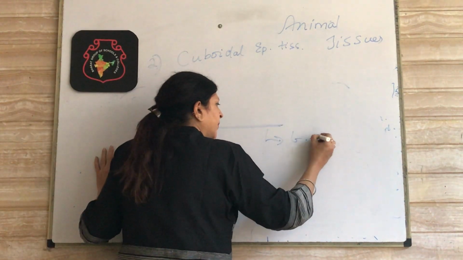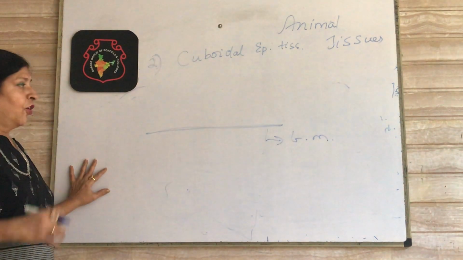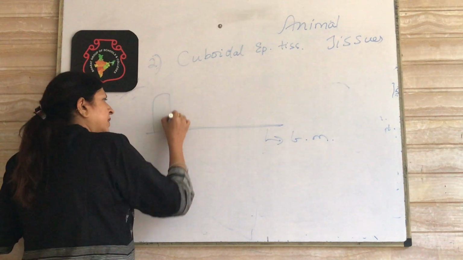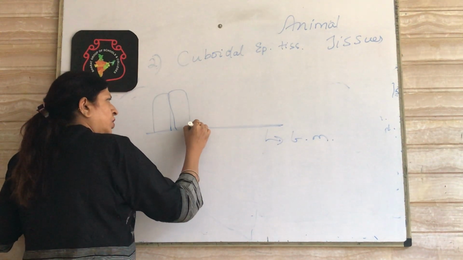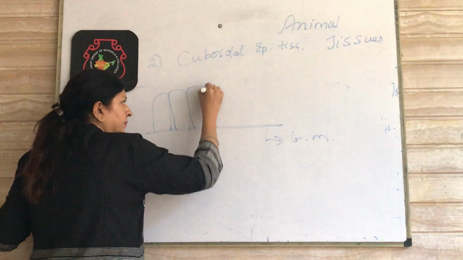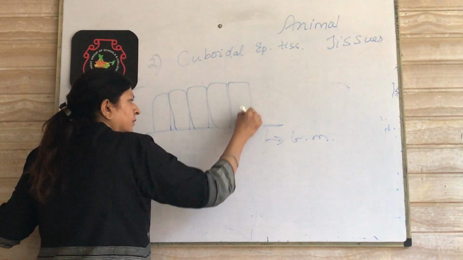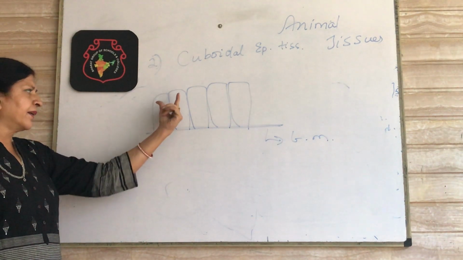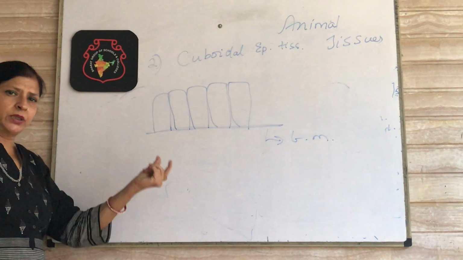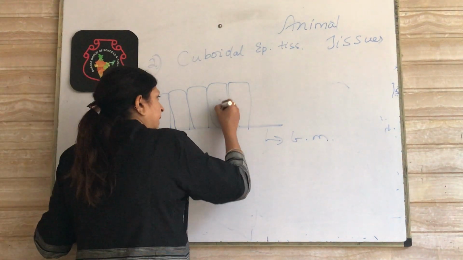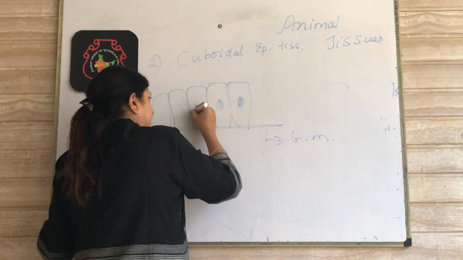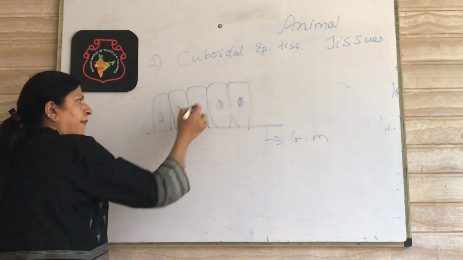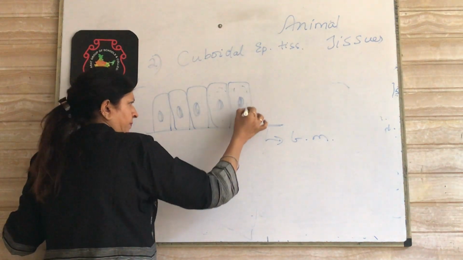This is the basement membrane. Found on it is a group of cells which are cube-like. You can very distinctly see that they have a broader anterior and a narrow posterior. They have an oval nucleus. Of course, you will see the cytoplasm.